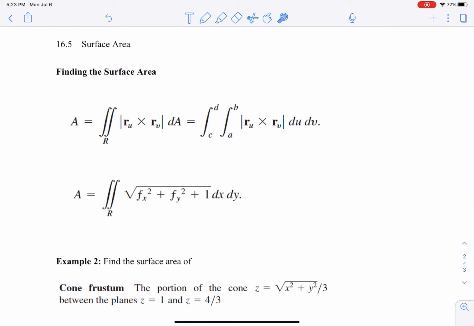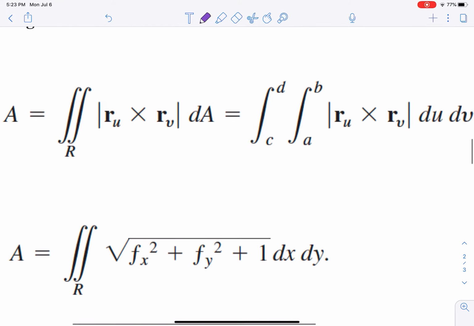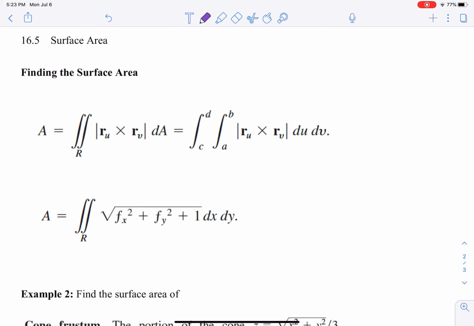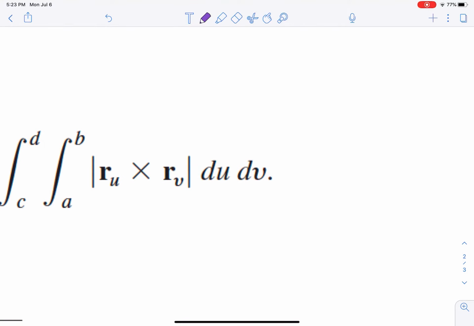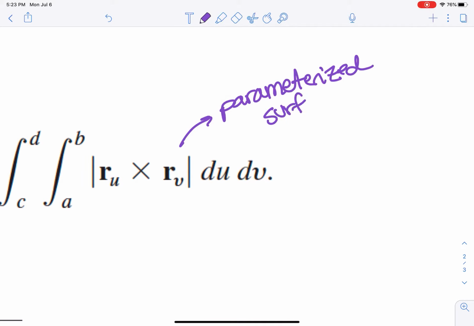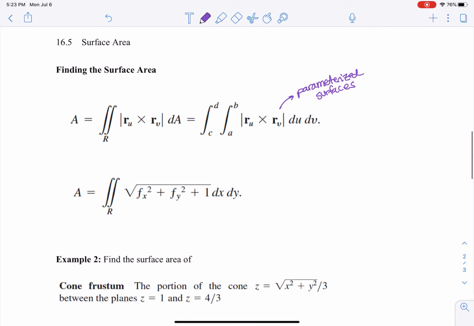This one right here is obviously used for parameterized surfaces, because it's in terms of u and v, those two parameters that you would write it in. So this is for parameterized surfaces. And then this one is for explicitly solved surfaces.